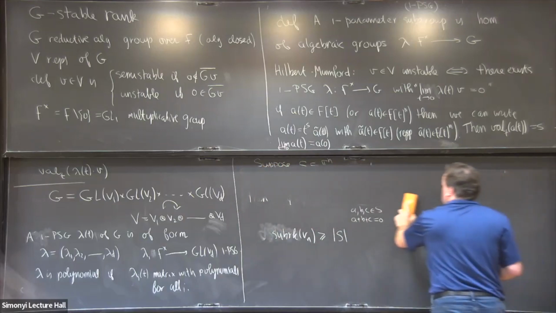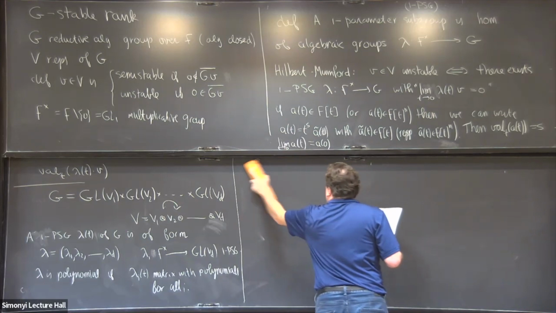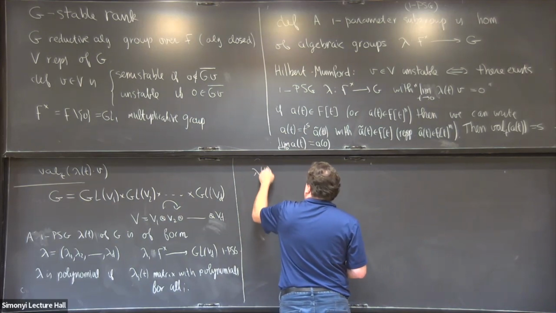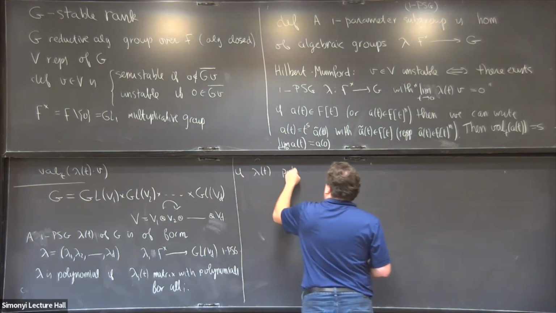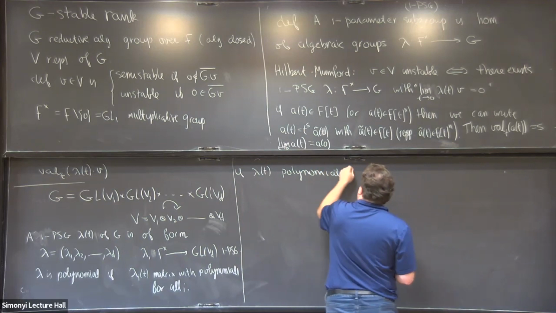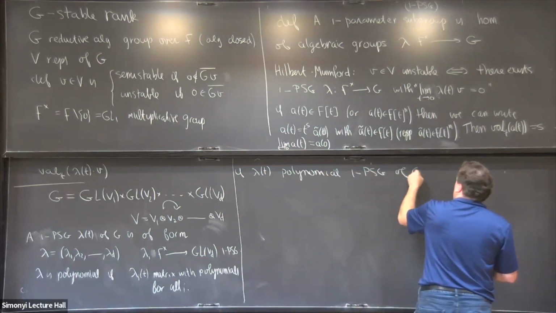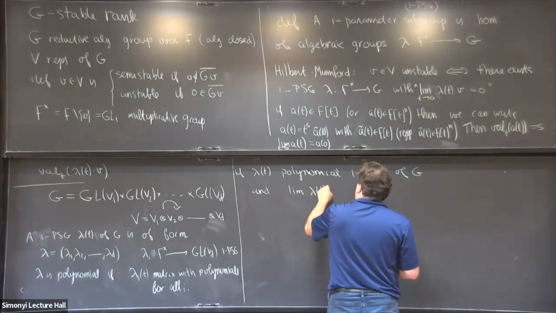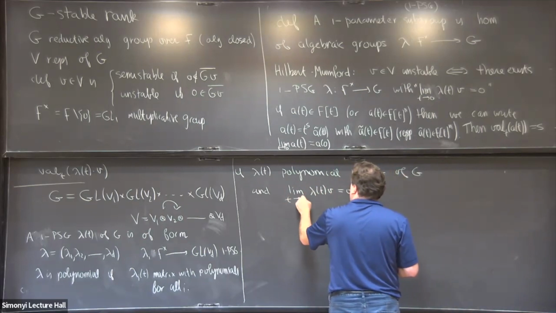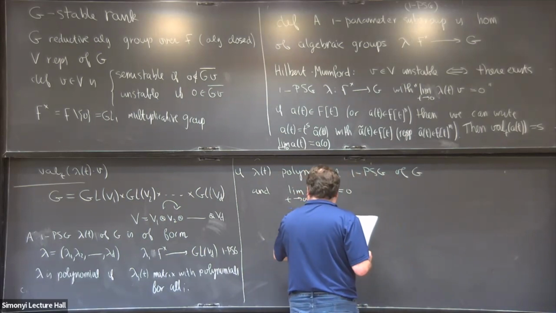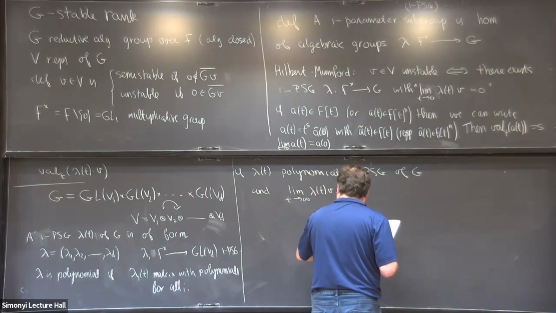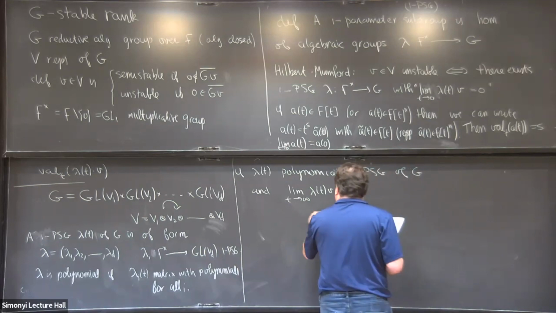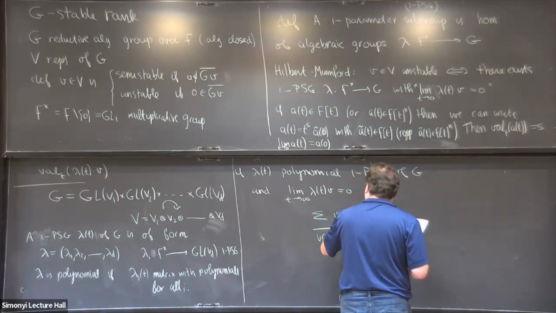And so now we can define, well, first of all, if lambda(t) is a polynomial one-parameter subgroup of G, and the limit of lambda(t) v is equal to 0, which really means that the t-evaluation of lambda(t) v is a positive number, well, I'm going to look at this quantity.